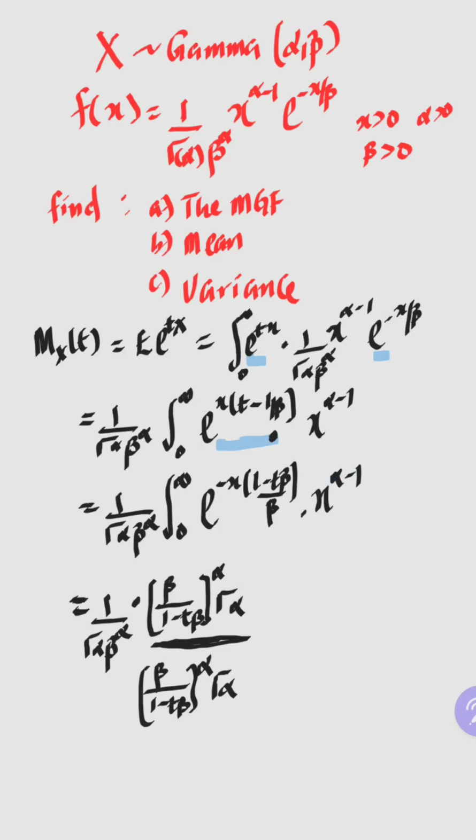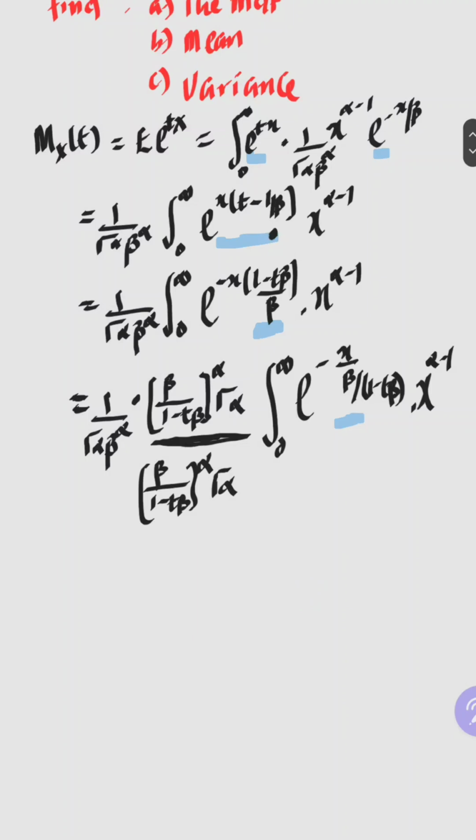Now, so here I'm going to have the integral from 0 to infinity of exponential negative x over beta times 1 minus t beta, times x to the power of alpha minus 1. What I just did is rewrite this expression as this, which is still the same.